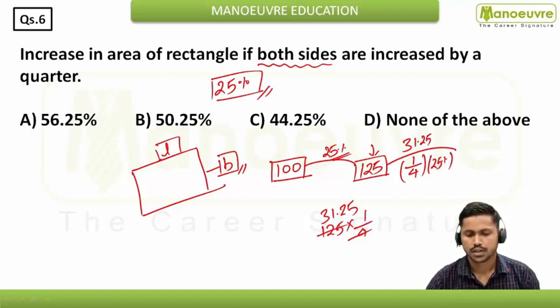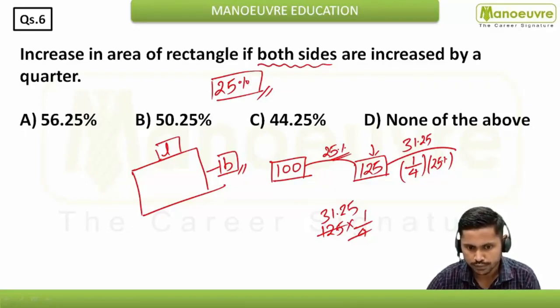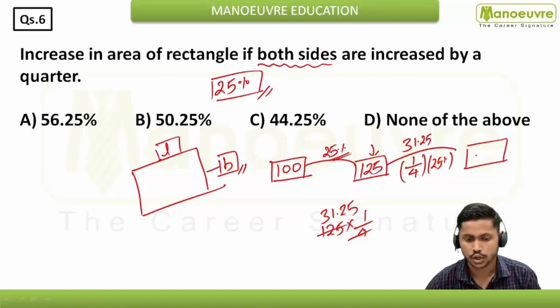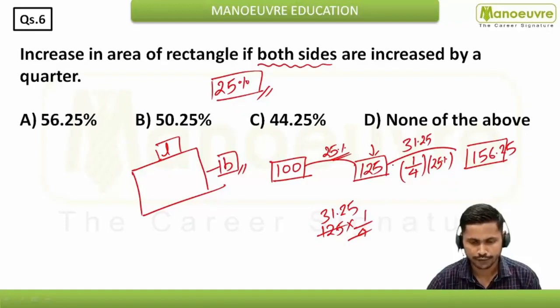Now what do you have to do? You have to increase by 25%. So 25% is nothing but 31.25. You have to add 31.25 to this 125. If you add, you will get 156.25. I have added this 31.25 to the 125, so you are getting 156.25.